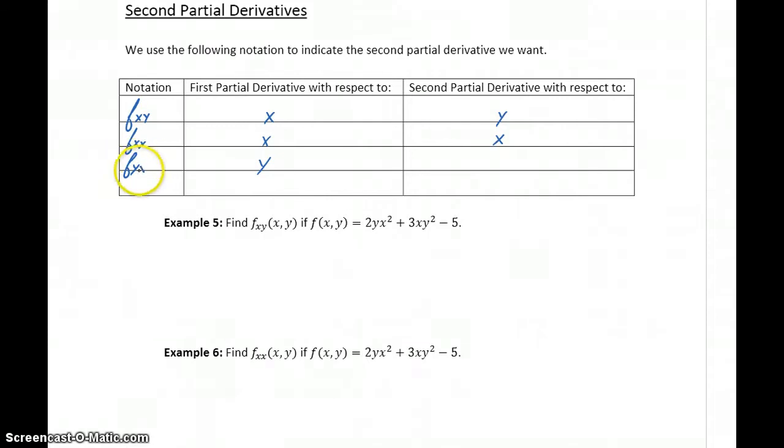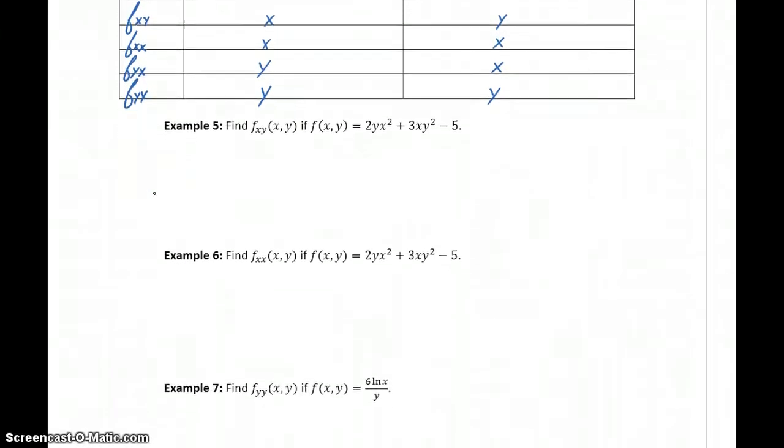F sub yx would mean differentiate with respect to y, then differentiate with respect to x, and f sub yy would mean differentiate with respect to y, then differentiate with respect to y. So that means there are 4 different types of second partial derivatives we could find, all dependent on the order of the derivatives or the type of derivative we want to take with each step.